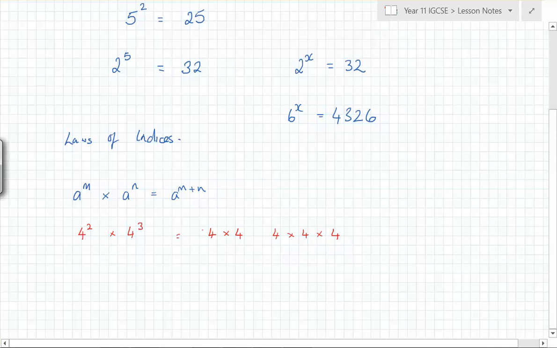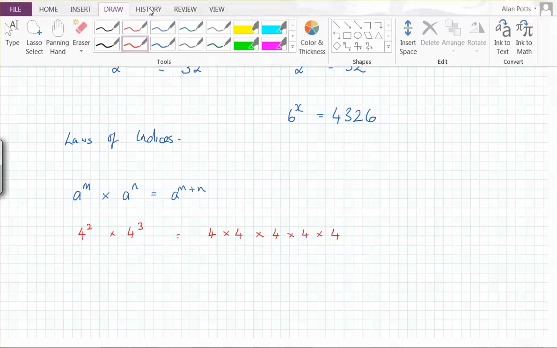And if I'm multiplying them, put another multiply in the middle, I can't tell where the two were separated because it's all multiplies. So it just becomes 4 to the power of 5. So in that case, 4 to the power of 1 times 4 to the power of 4 is the same as 4 to the power of 2 times 4 to the power of 3, and so on. So that's where that law comes from.